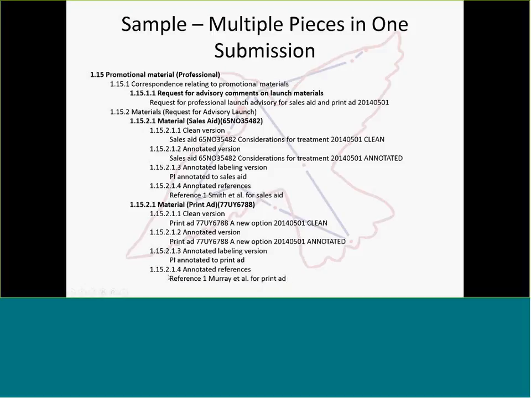In this case, it's a reference. So looking at this, these should be treated independently, and this should be attached to each piece. So when this is reviewed, it will be reviewed as this material plus this letter, and this material plus this letter.